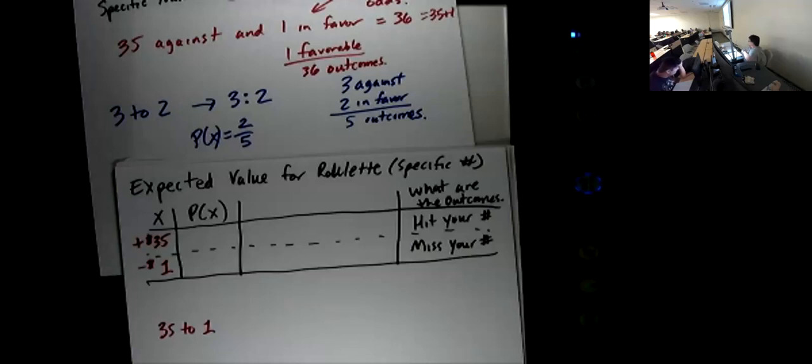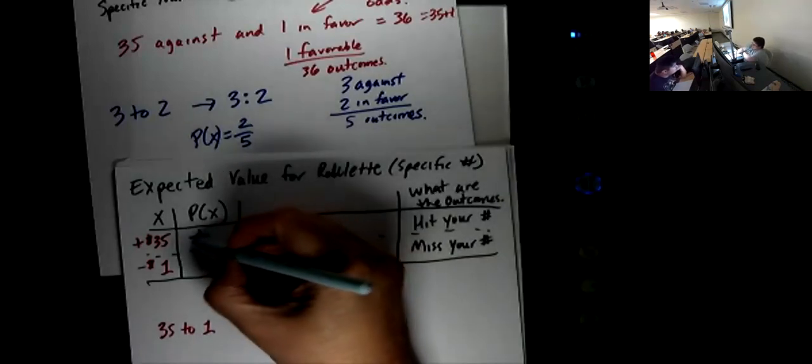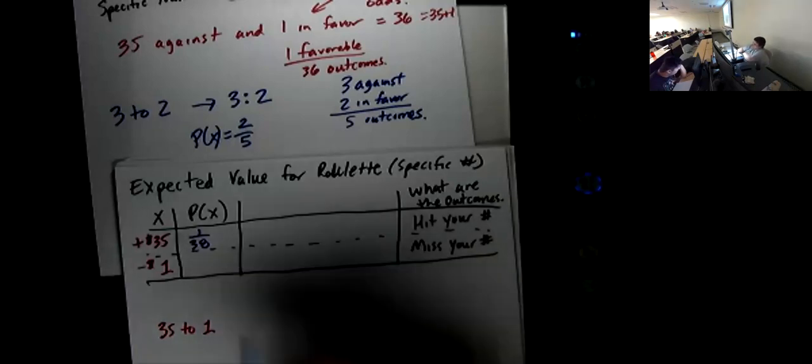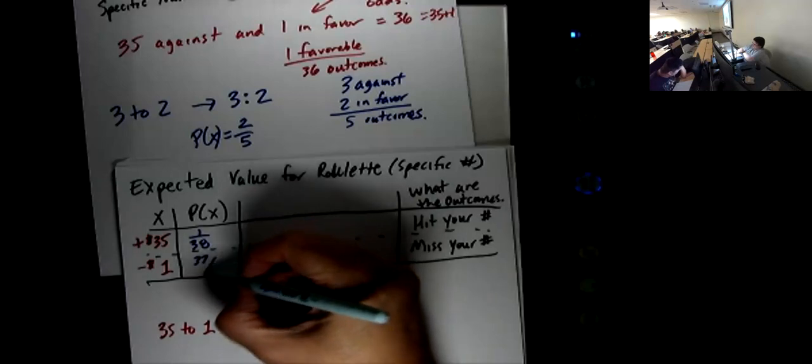Anything higher is just multiplying these numbers. The actual probability of hitting the number, though, there are the 36 numbers plus the 2 green numbers. There is only a 1 in 38 chance of that happening, which means there is a 37 out of 38 chance of losing $1.